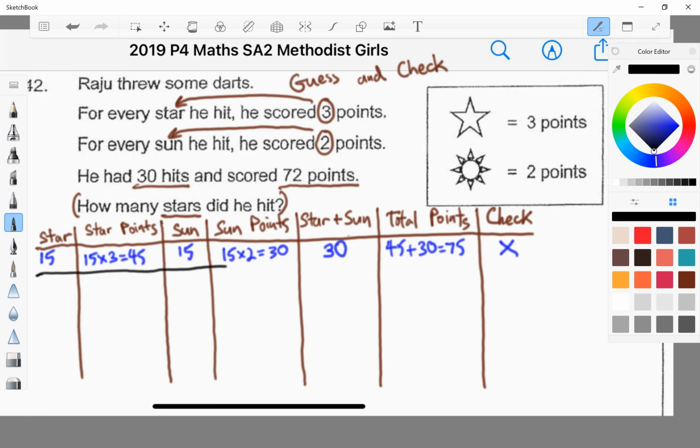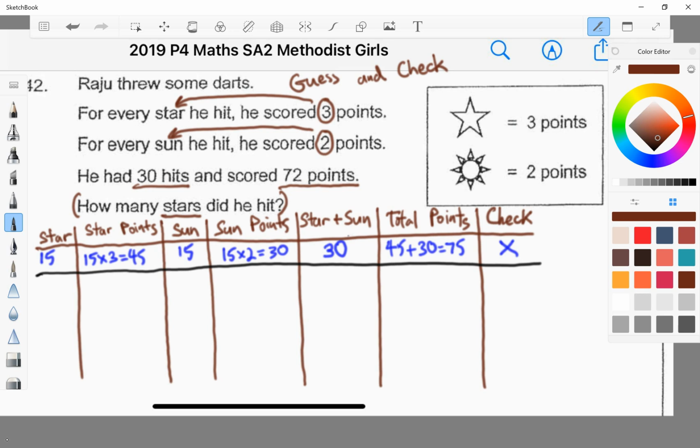So next question. Should we have more stars or should we have more sun? If your answer is that we need to have more sun, congratulations to you. You are correct. That's because our target, our goal is 72 points.